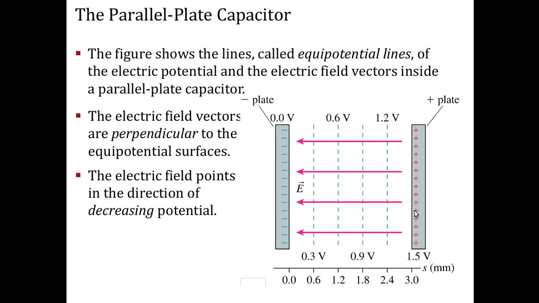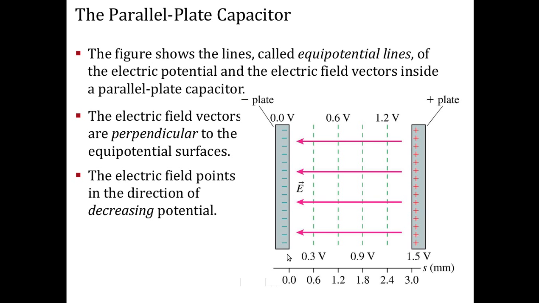I've got a high potential here. I have a bunch of positive charge here, negative charge here. The voltage across the two plates is 1.5 volts. So that's the potential difference. That's delta V, V final minus V initial.